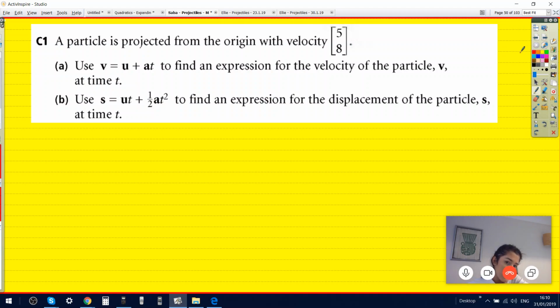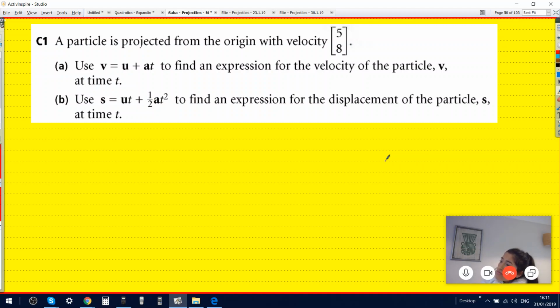That's resolving vertically, is it? It would have to be v equals u plus at, velocity at time t, but they just mean the absolute velocity. Use s equals ut plus half at squared to find the expression for the displacement at time t. So they mean diagonally. Okay, but what's its acceleration? 9.8, isn't it? Well, the magnitude of that would be its initial thing.